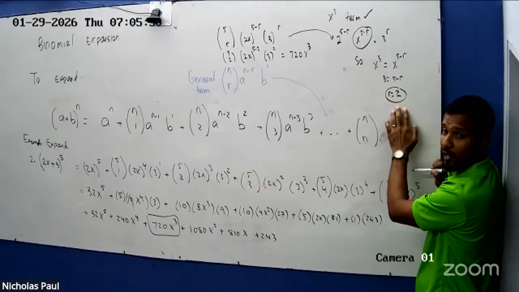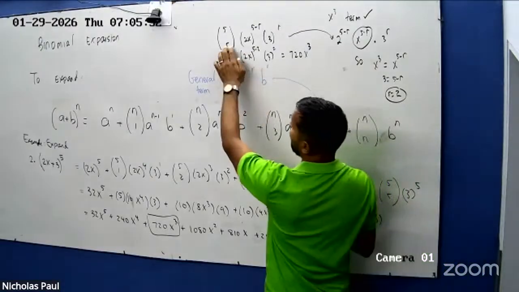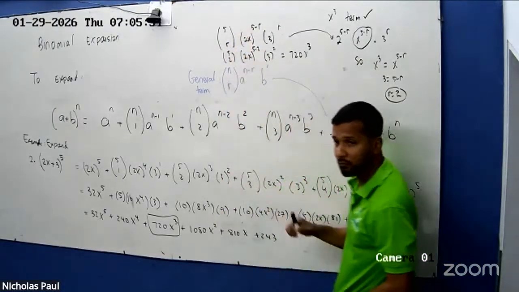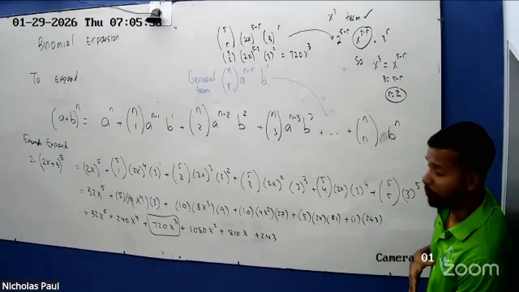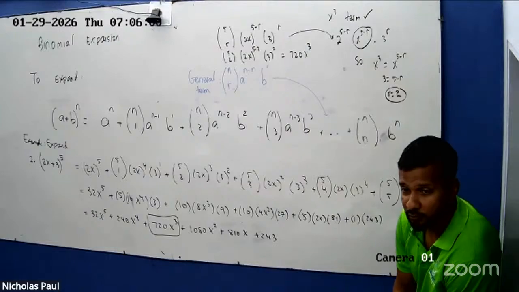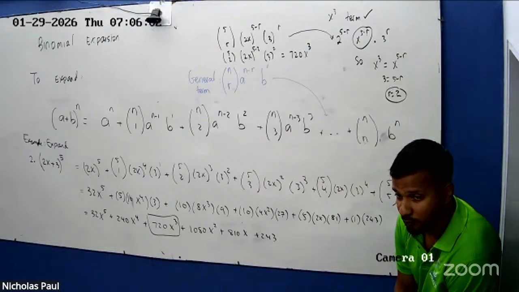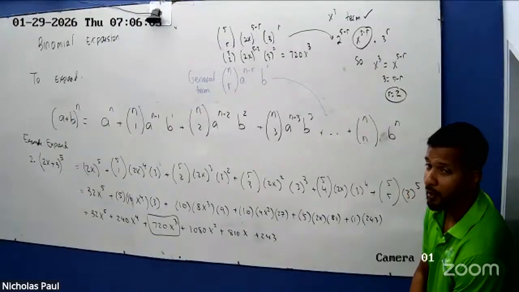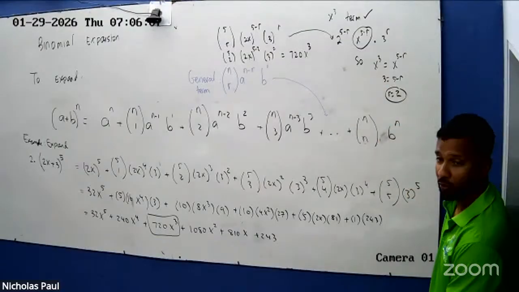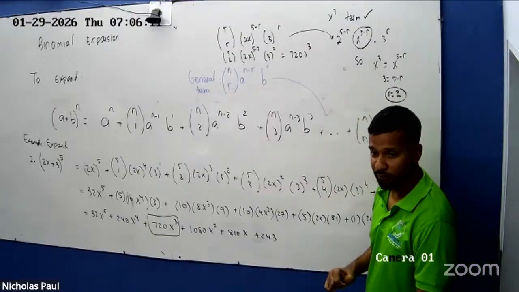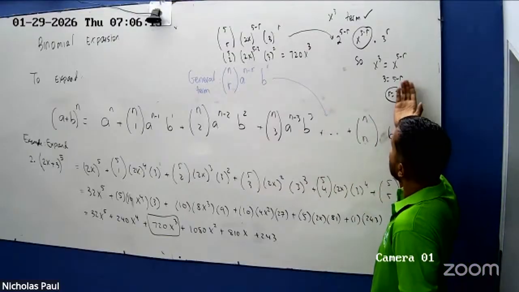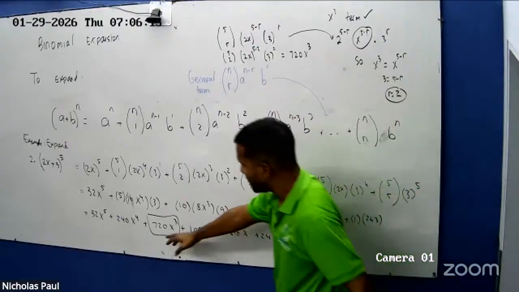So I know r now, and I could drop in r here. You don't want to have to do the whole expansion. So now I know that the x cubed term is 720 x cubed.